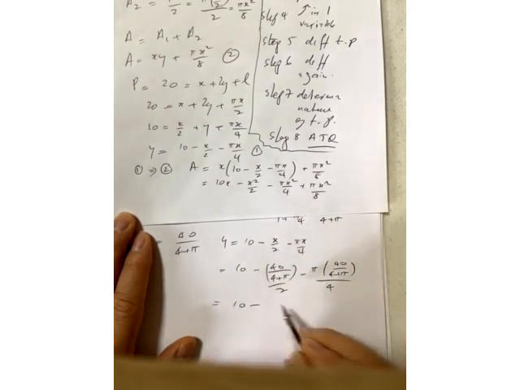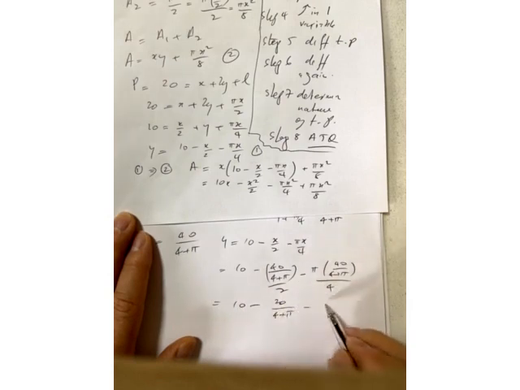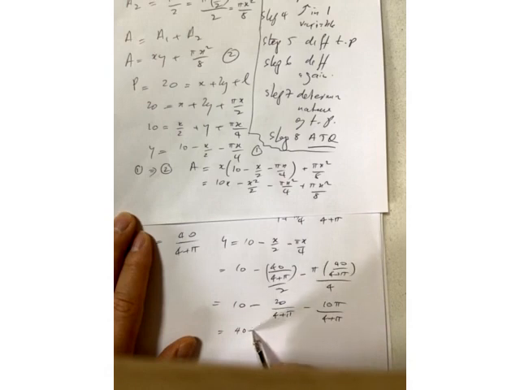And you end up with 10 minus 20 over 4 plus pi minus 10 pi over 4 plus pi. And when you do your algebra, a common denominator, you end up with y then equals 20 over 4 plus pi.